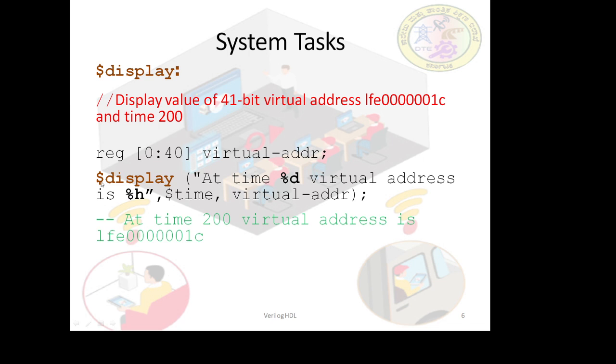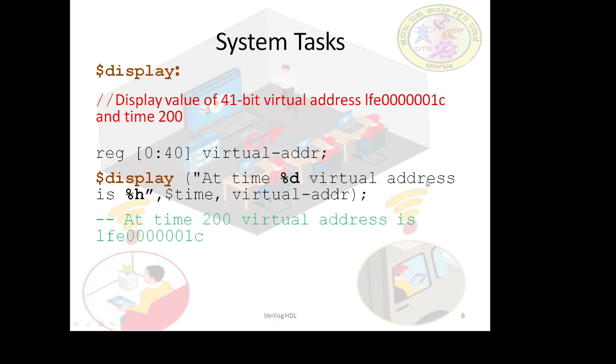Now we want to display this virtual address at time 200. We use the keyword $display, within the parentheses, within the double quotes, the text "at time", and as this value is a decimal value, as we have seen in the table, percentage D is used for displaying a decimal value.